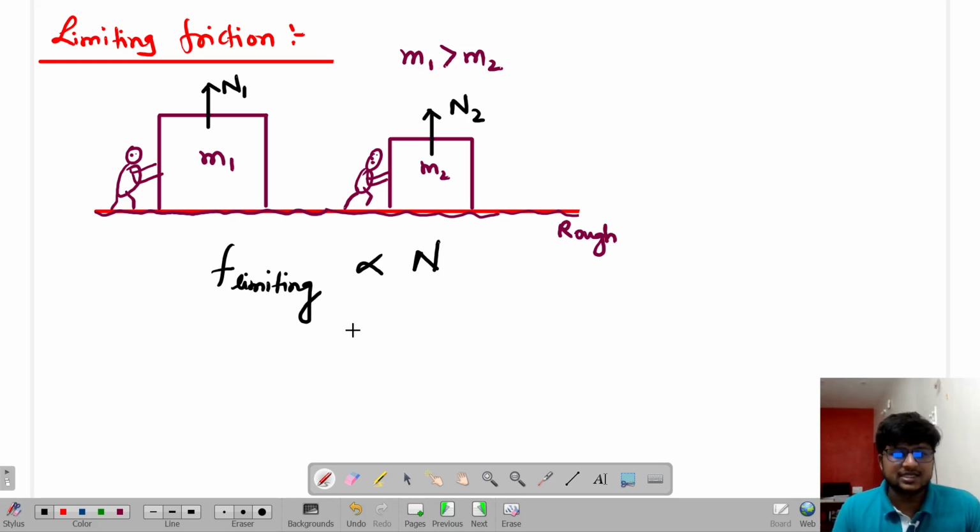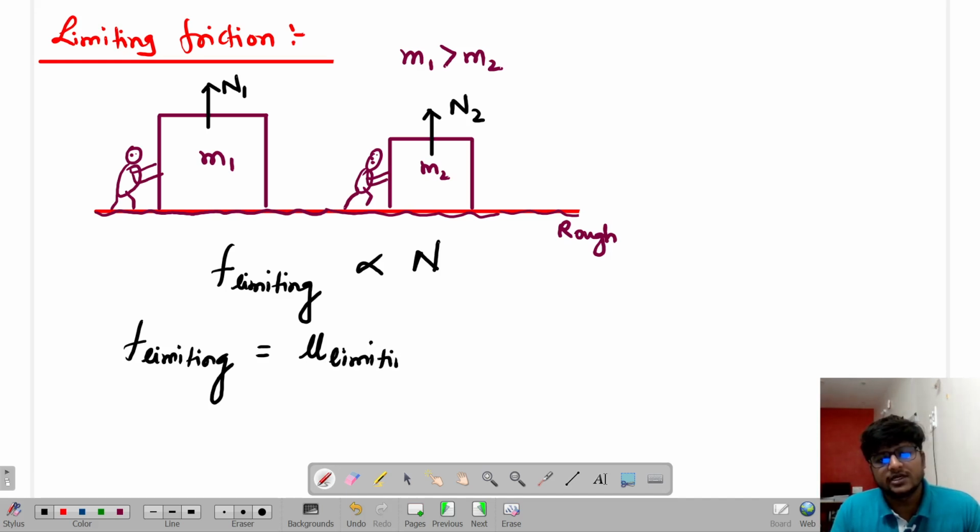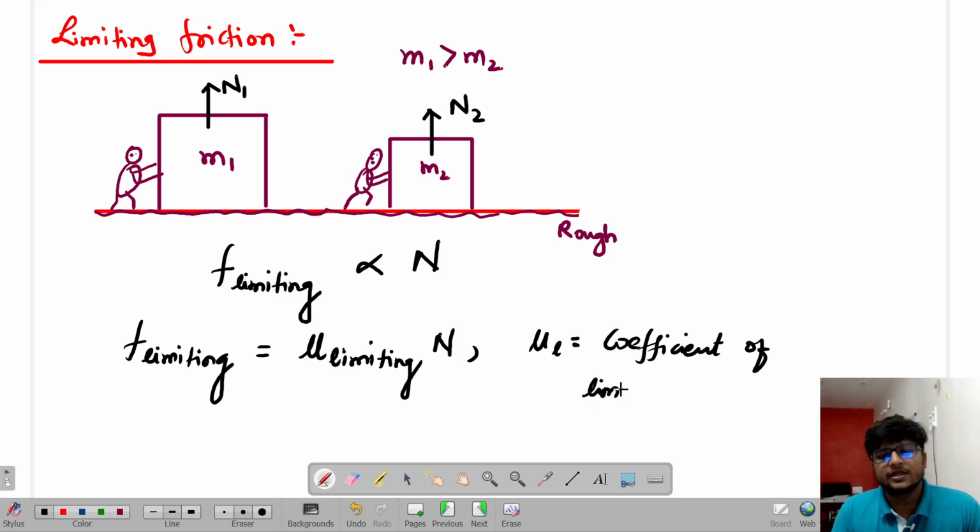Now, the second idea is that when you remove this proportionality, what I get is F limiting is given as mu L into N, where mu L is called the coefficient of limiting friction.